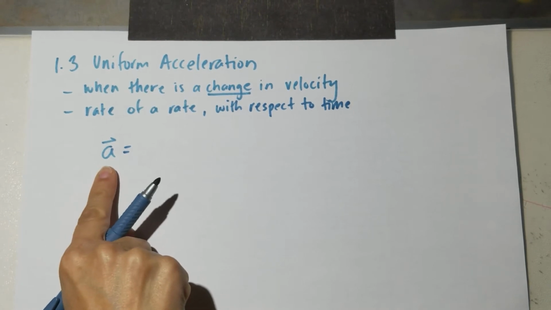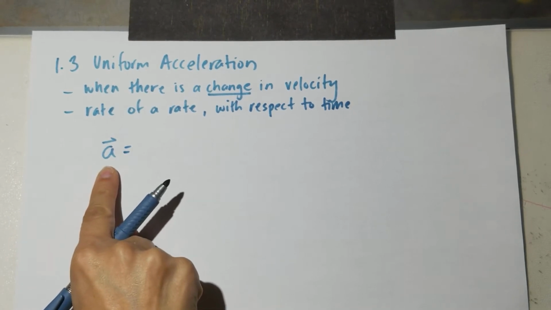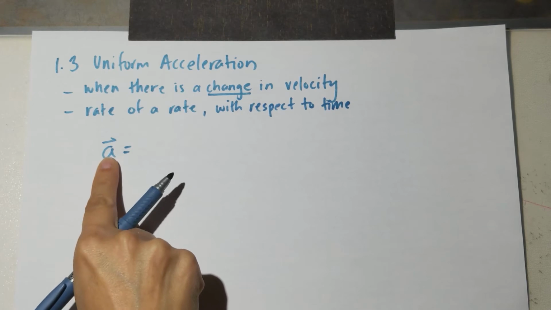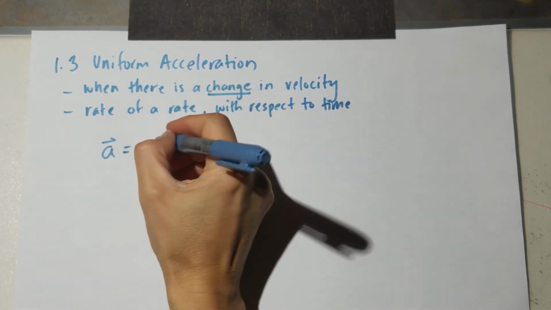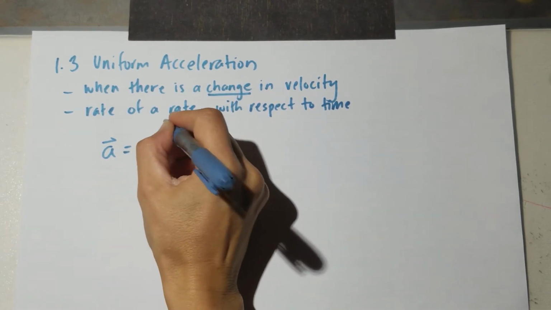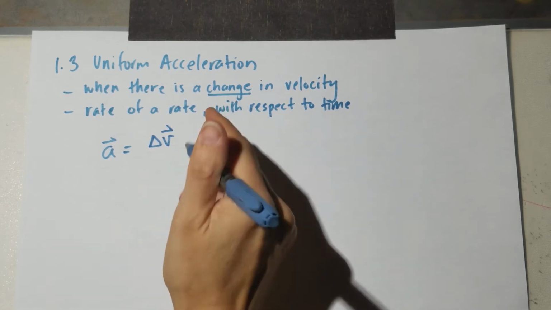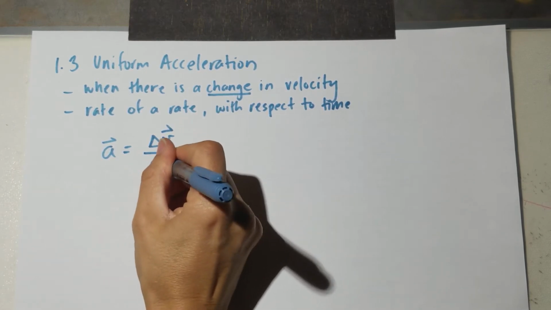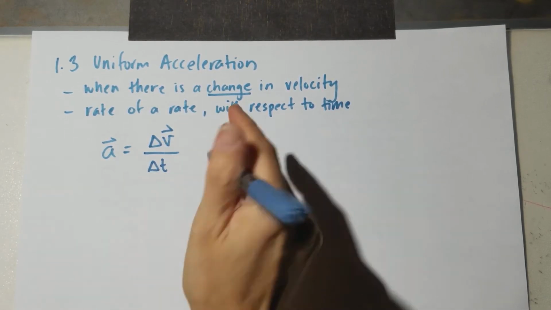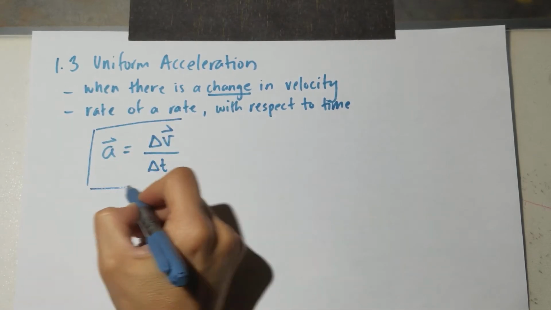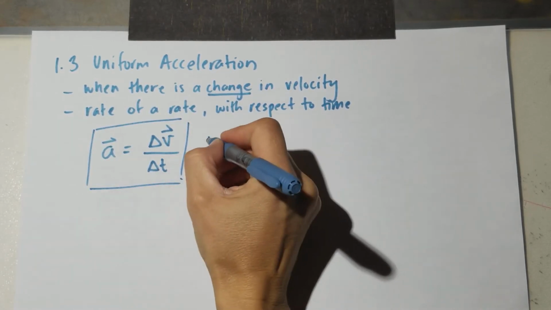A is the acceleration symbol, with an arrow on top, which means it's a vector. Change in velocity, change, delta, with respect to a change in time. So this is the general equation for acceleration.